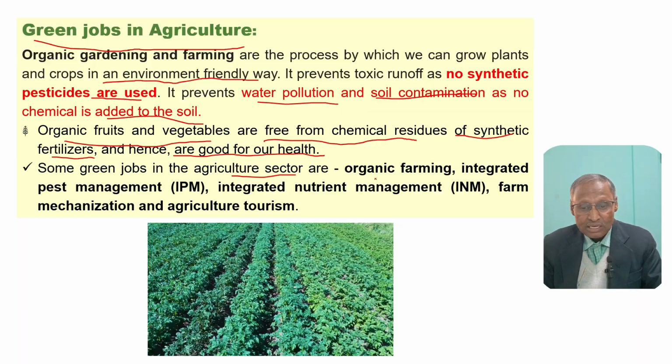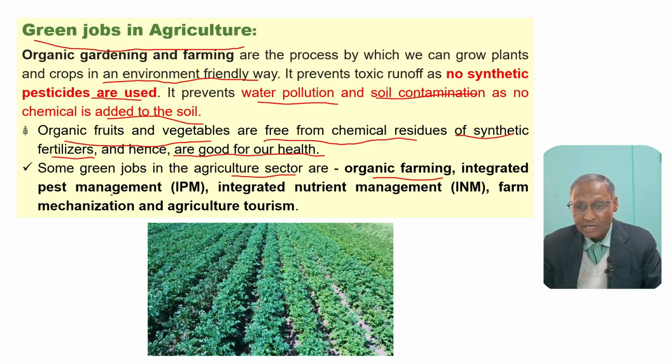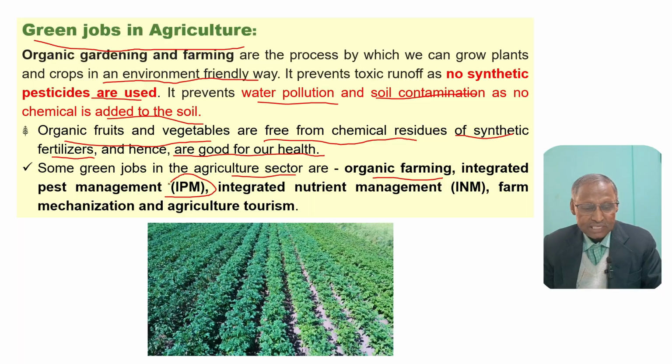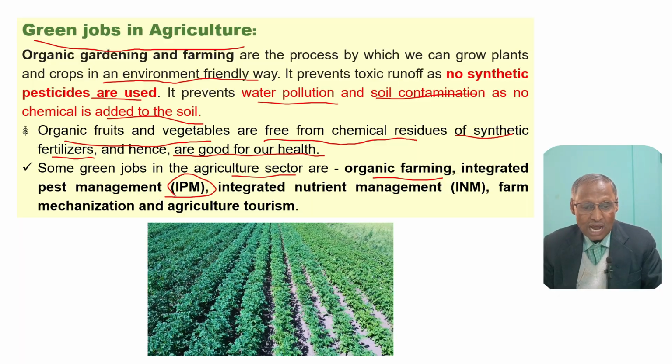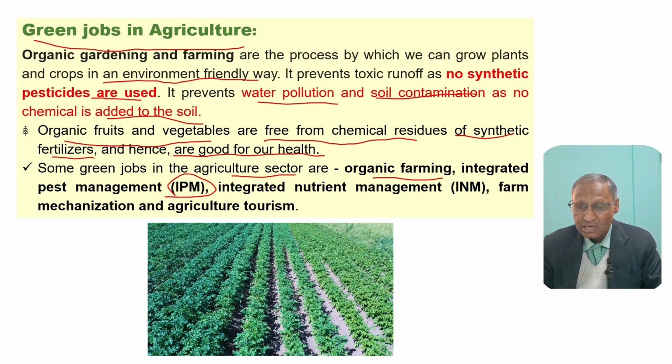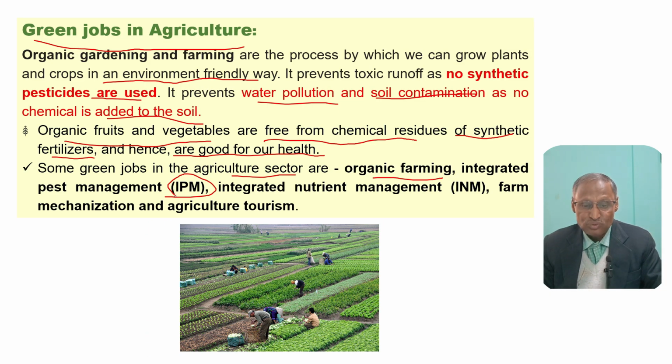Some green jobs in the agricultural sector are organic farming and integrated pest management, in short called IPM. In IPM, generally natural pest control methods are used, like biofertilizers, biopesticides and bioagents. Then there is integrated nutrient management, or INM.